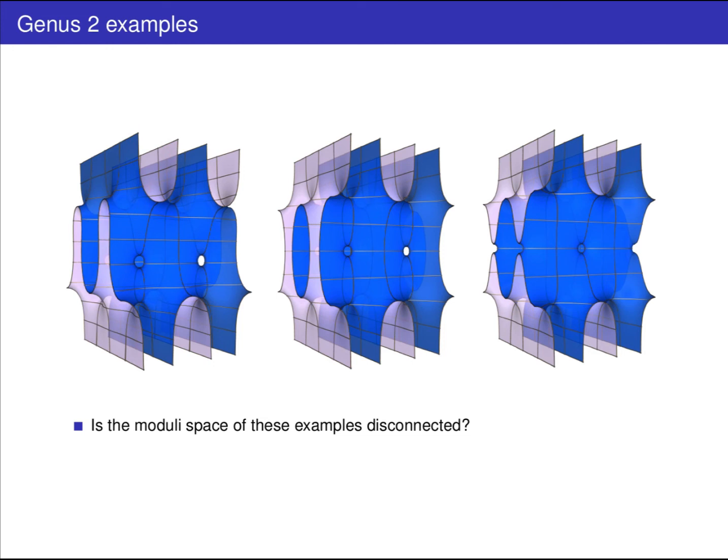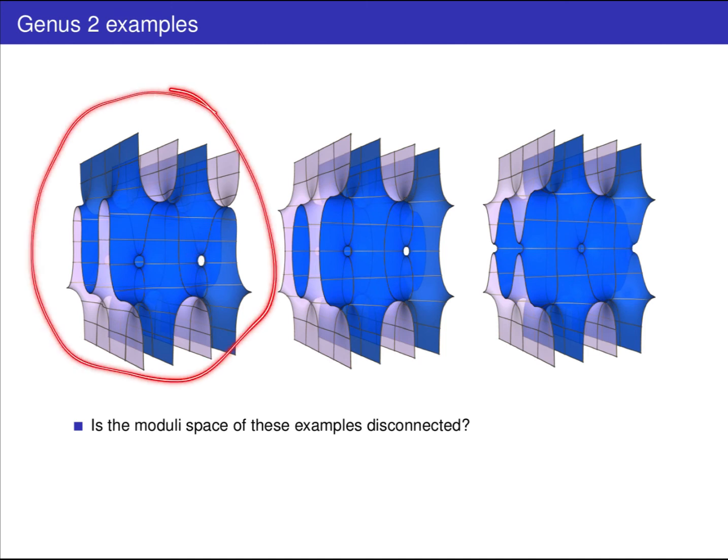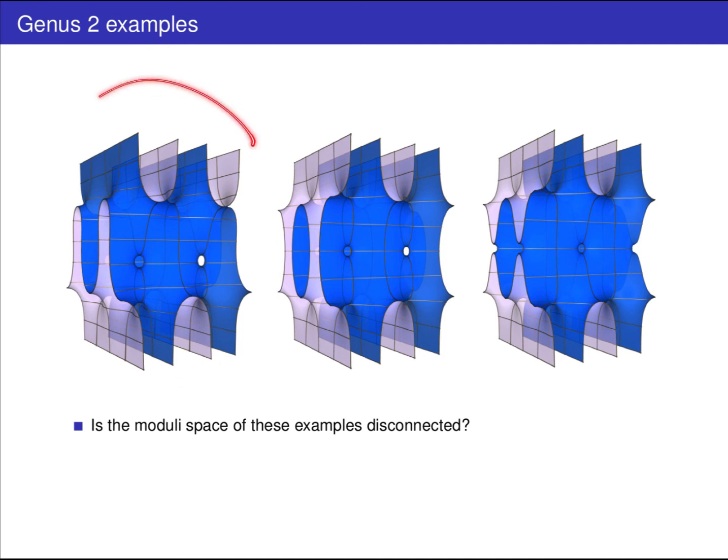Also, the handles on these ones are all halfway between the top and bottom ends, versus the handles here, which are not symmetrically placed. So this one's a particularly interesting example because it doesn't have a horizontal symmetry plane. One question we could ask is, how can we prove the existence of this one? And we could also ask, is the moduli space of these examples disconnected?